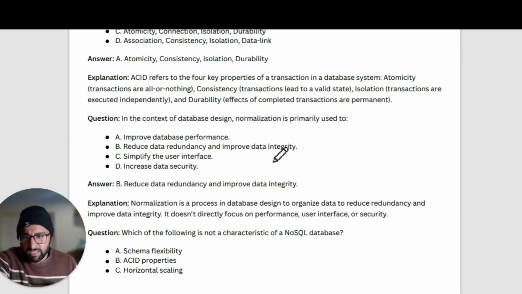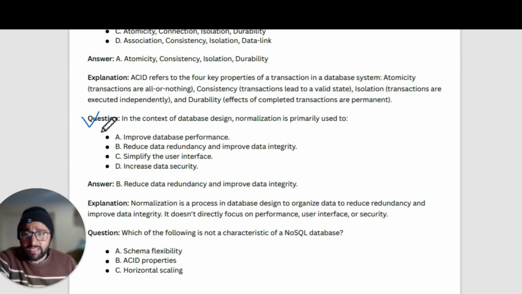The third question is, in the context of database design, normalization is primarily used in. This is a very, very important concept. Guys, almost every exam which has a database management system part contains the concept of normalization.